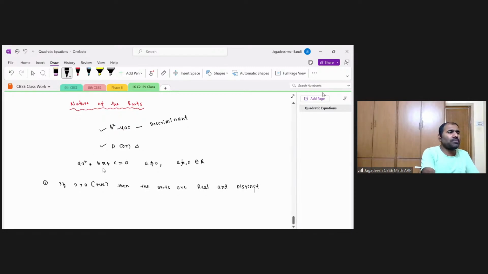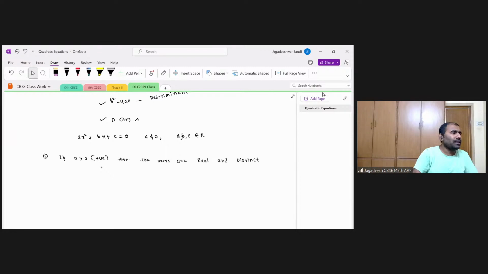So I request you all, please note down all these points clearly. Based on these points, we have questions in the aim one. Fine. Suppose if the D value is 0, whatever value we find after substituting in the b square minus 4ac formula, if we get it as 0, then the roots are real and equal.